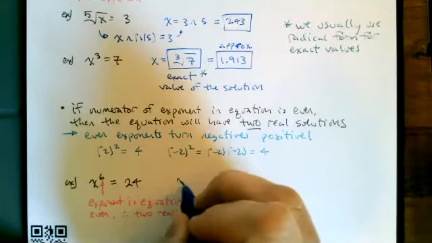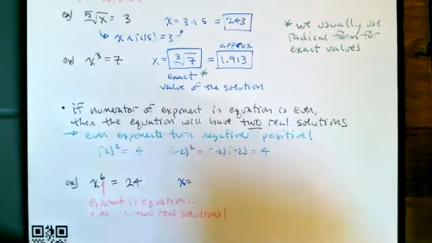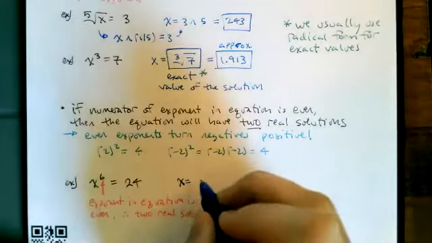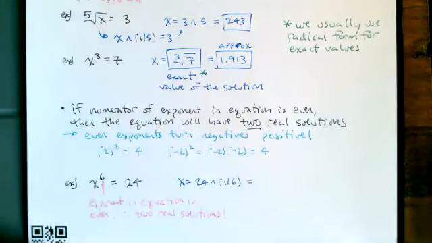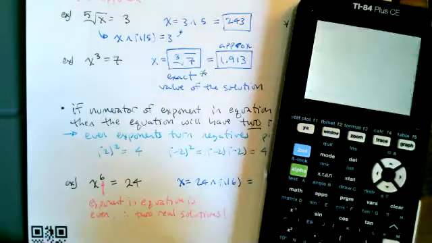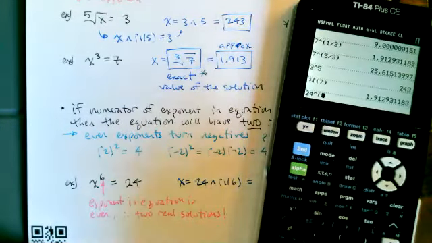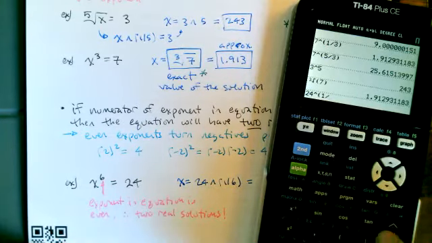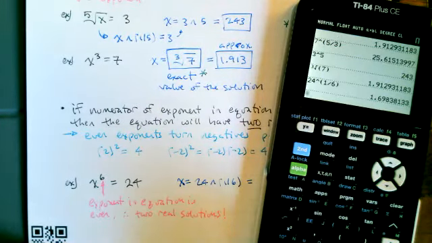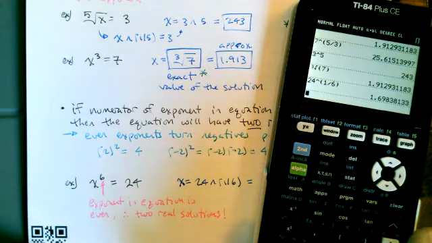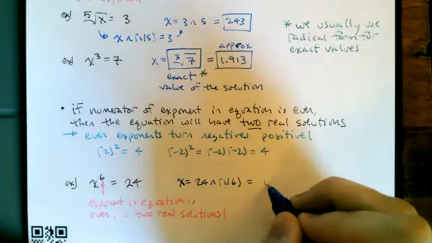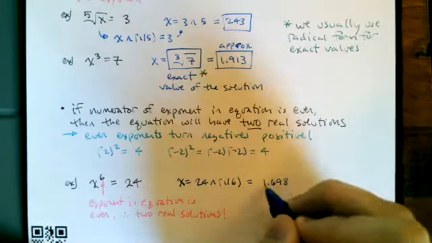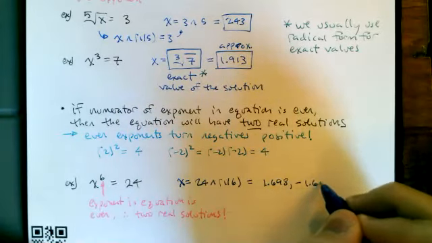So here we'll have x equals 24 to the 1/6 power, and we're going to write down the two solutions. 24 to the 1/6 power is going to be 1.698. So we'll get two: 1.698 and negative 1.698.